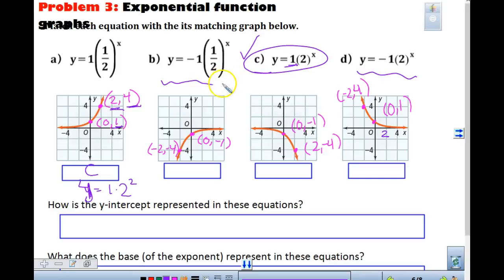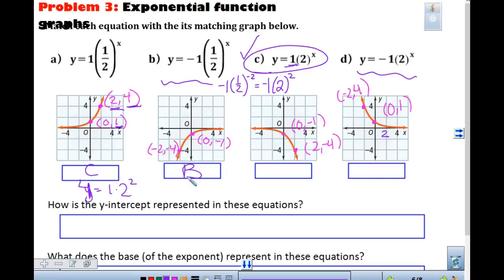So if I'm looking at -1 and 1/2 to the -2, that really means -1 times 2 to the second. That means when I plug in -2, I should get -4. So this one should be B. Does it make sense why we get B for an answer?